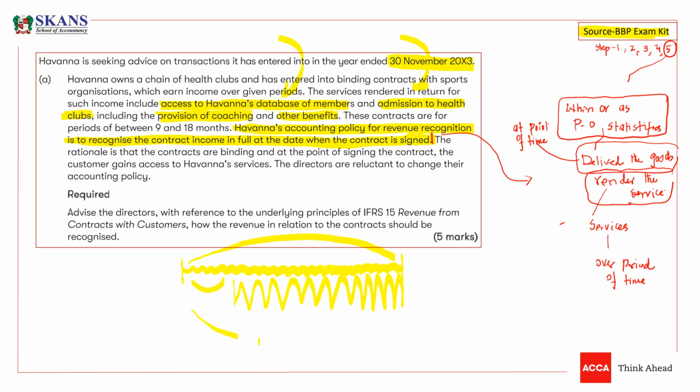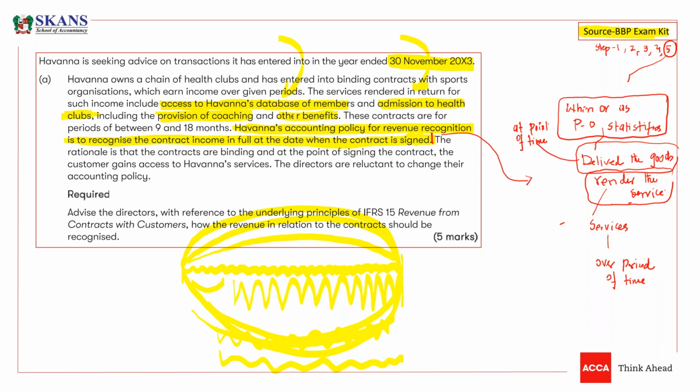Then health club facilities are also being provided over time. They can enjoy these health facilities every day. In the same way, we are giving them coaching services and other benefits. So the pattern of providing all these POs to the customer is the same, and we should book revenue over a period of time for all these performance obligations.